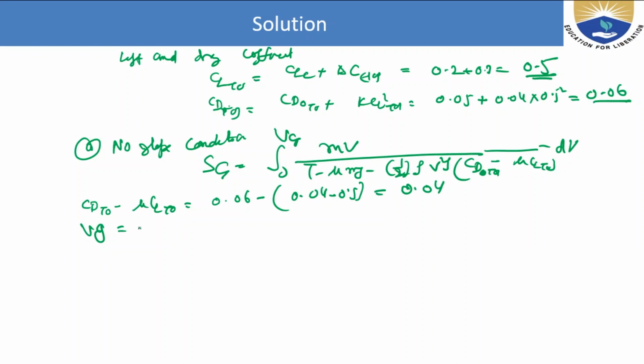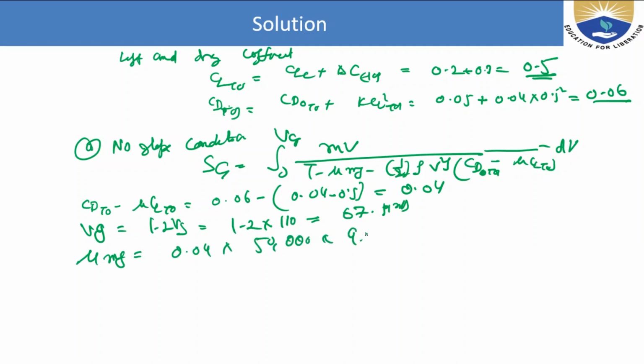Vg is equal to 1.2 Vs. 1.2 into 110 is 67.91 meter per second, and mu mg is equal to 0.04 into 50,000 into 9.81.